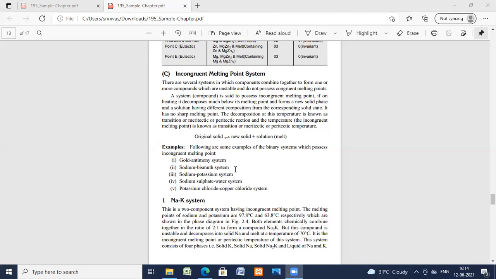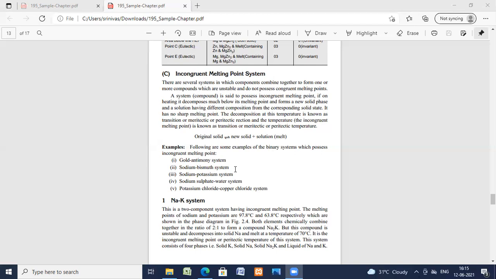There are some systems where the compounds form by combination of two components, but they get decomposed on heating and give a new solid phase and a liquid. The solid has a different composition. The composition is changing. For congruent, the composition doesn't change. For incongruent, the composition is changing. Such compounds are called incongruent melting points. So this temperature is the transition or meritectic or peritectic temperature.